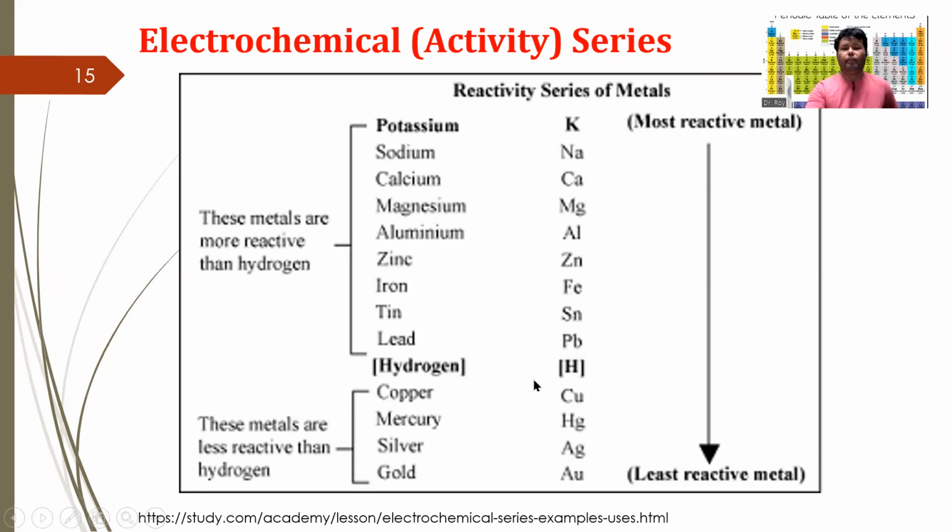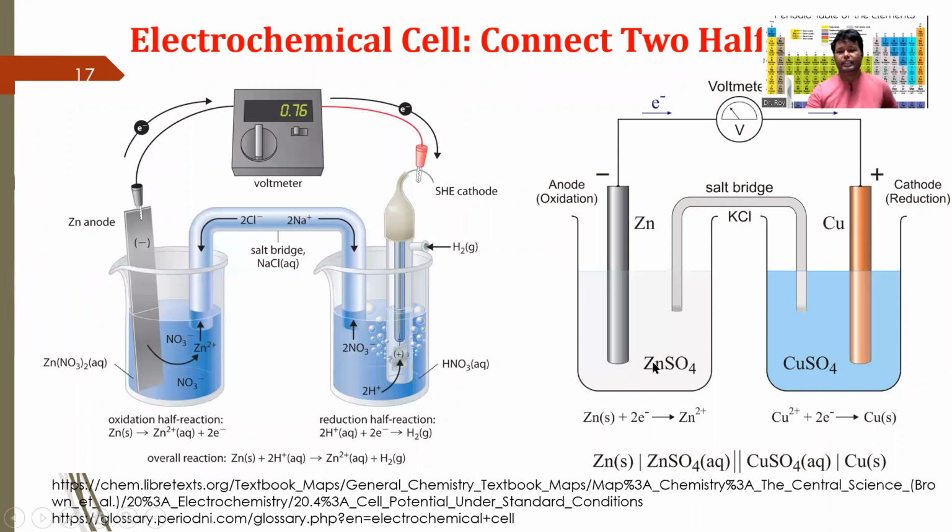So if we have a solution like this, zinc sulfate, here we have the zinc 2+, here we have the copper 2+, and this is copper metal, this is zinc metal.